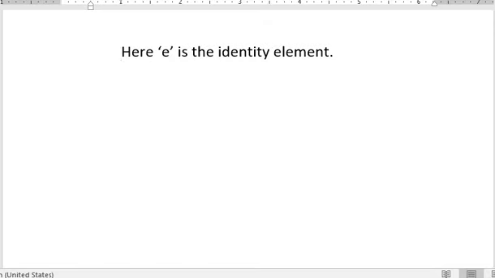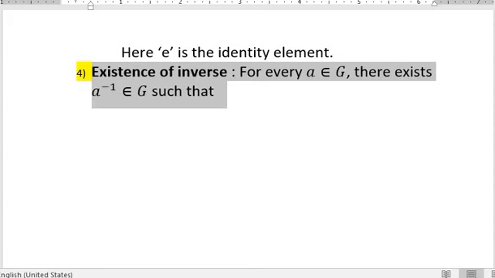Then the fourth postulate, existence of inverse.